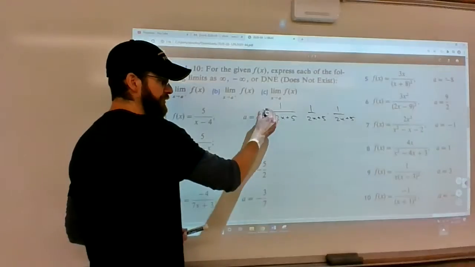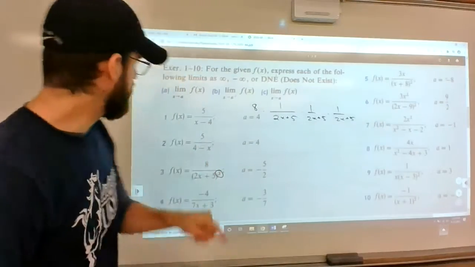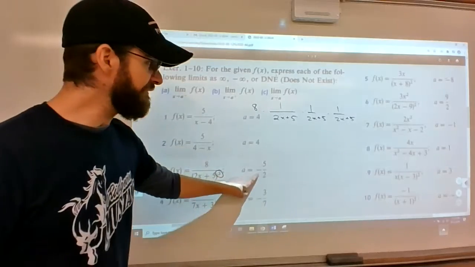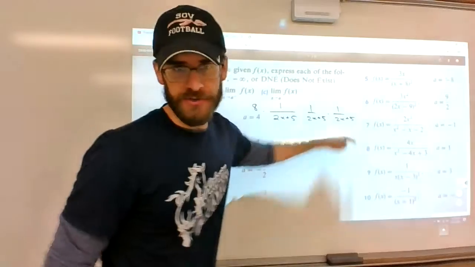And this whole thing is being multiplied by 8. So it's kind of like you've got 4 limits to compute: the limit as x approaches -5/2 of 8, and then of these 3 parts multiplied together.